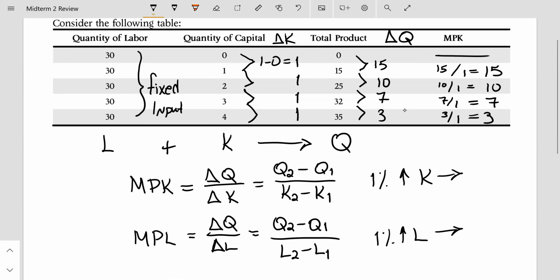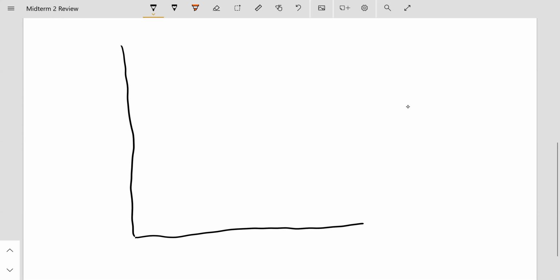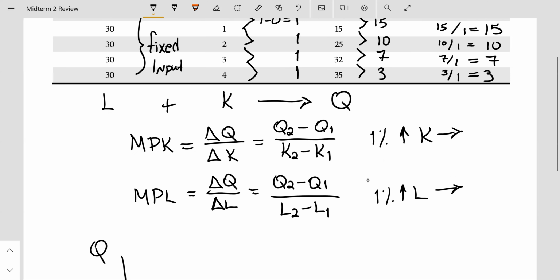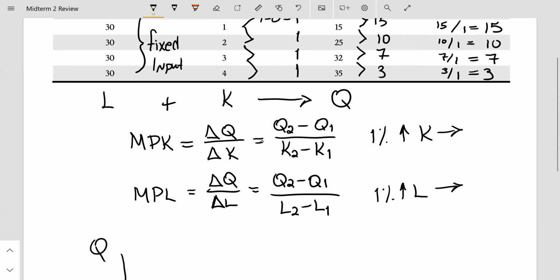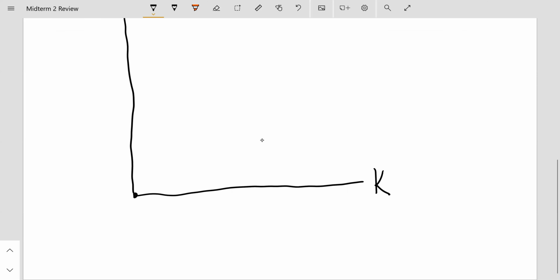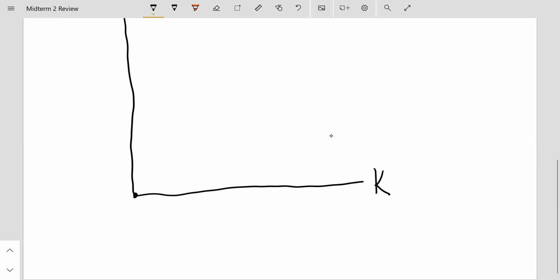So what that looks like graphically is that here's capital and quantity. And you notice that things are increasing as capital increases. So you go from 0 to 0, 1 to 15, 25. So it looks something like this.